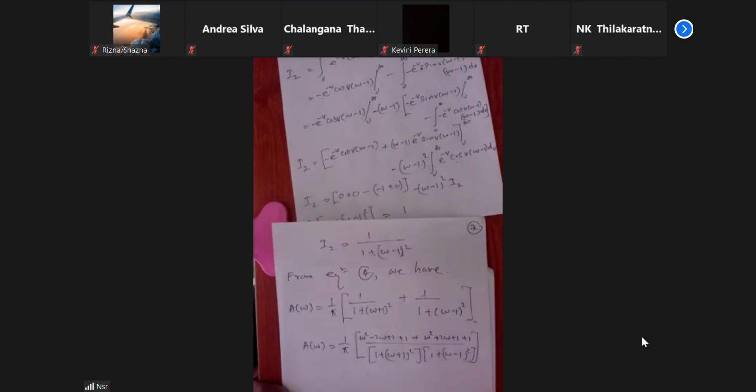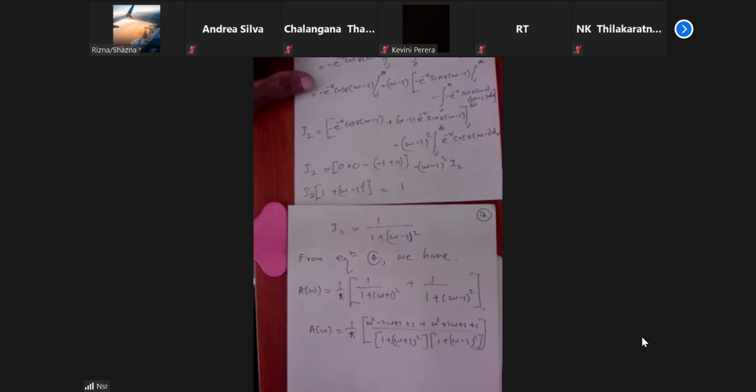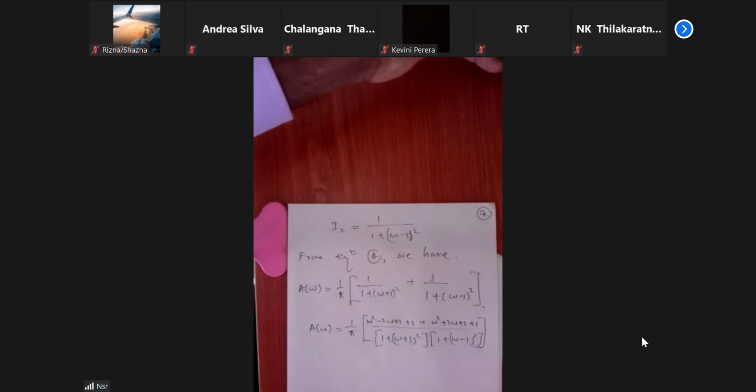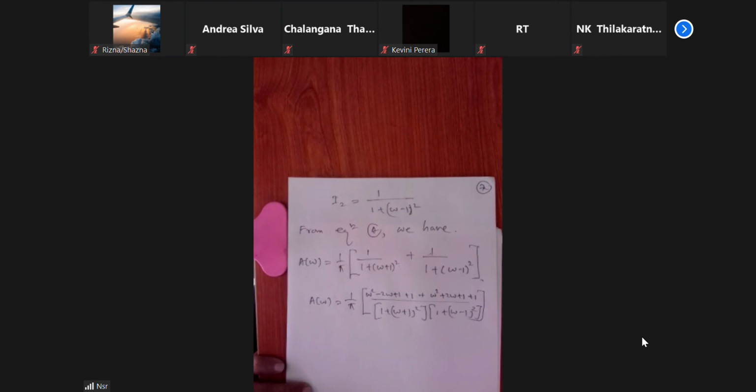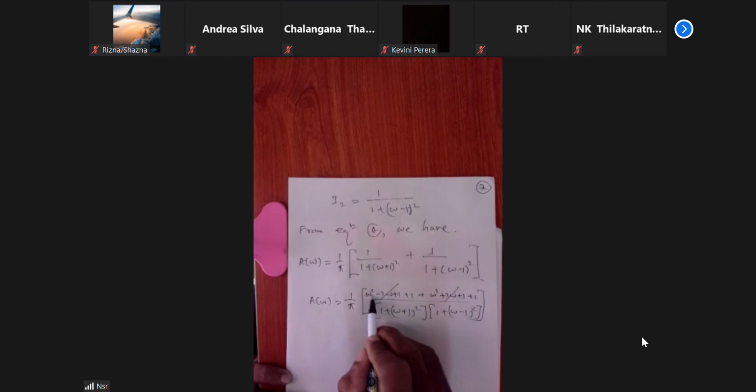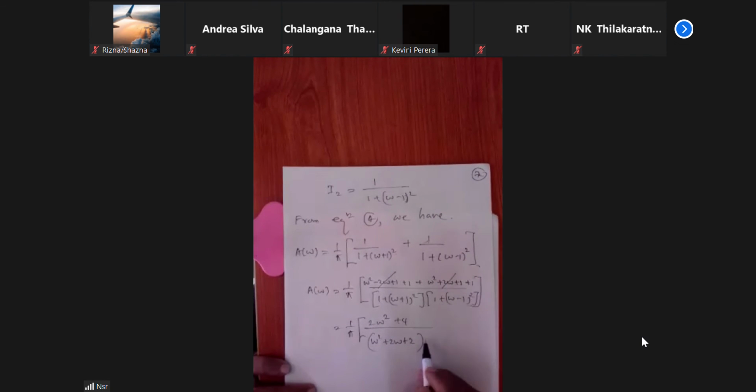Am I correct now? Yes, sir. Right. Now you can simplify. Plus 2 omega and minus 2 omega will cancel. We have 1 over 5, 2 omega square plus 4 divided by omega square plus 2 omega plus 2 into omega square minus 2 omega plus 2.